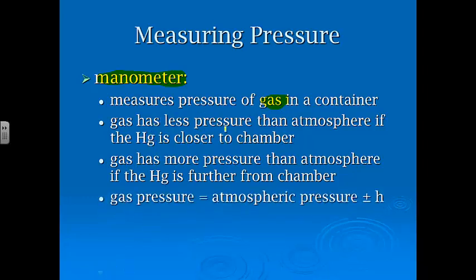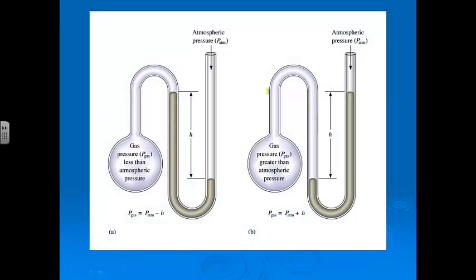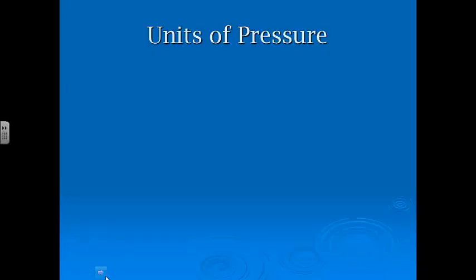The gas will have more pressure than the atmosphere if the mercury is further from the chamber. So this is the setup. I'm not going to ask you about it, just so that you can see, but it's measuring the gas. Here is a gas pressure greater than atmospheric pressure, so it's pushing the mercury away, and less than atmospheric pressure, so it's letting the mercury come closer.